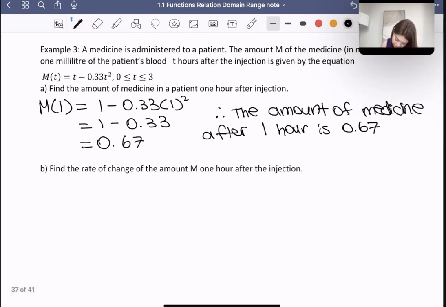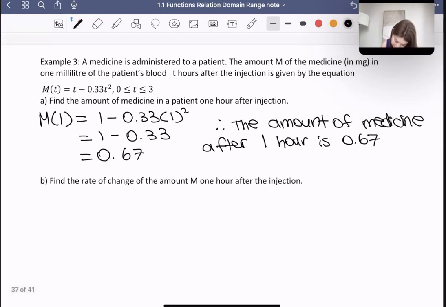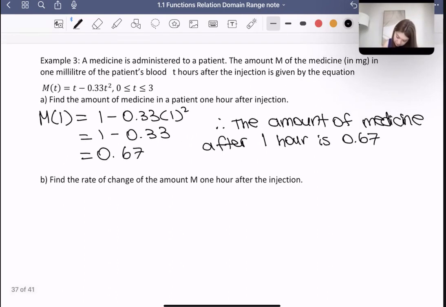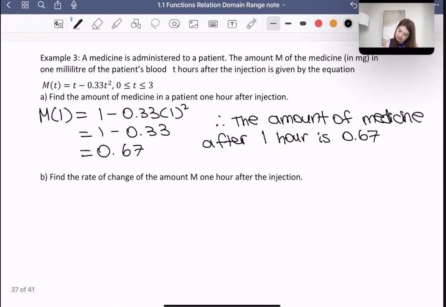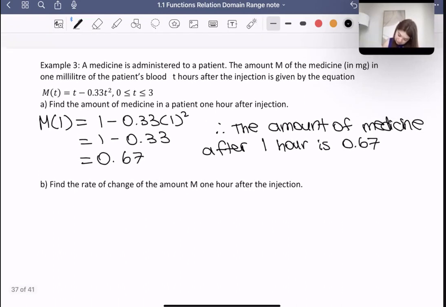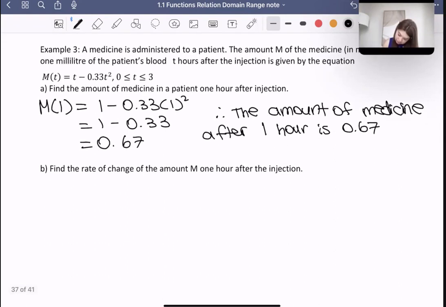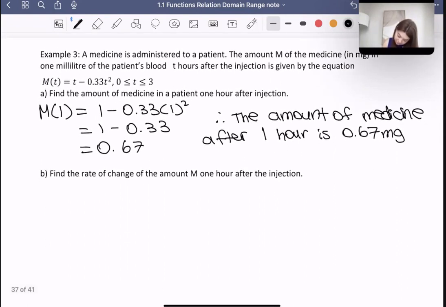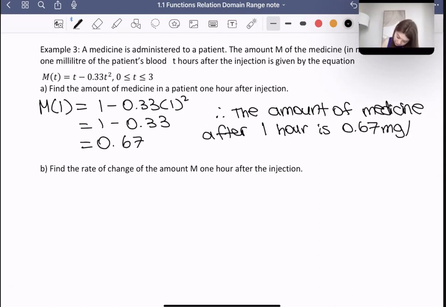And what was the units? Medicine was in milligrams. Time is in hours. Okay, so milligrams per milliliter. Okay, so there's our unit there.